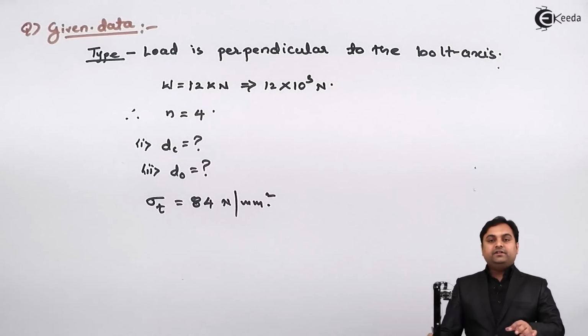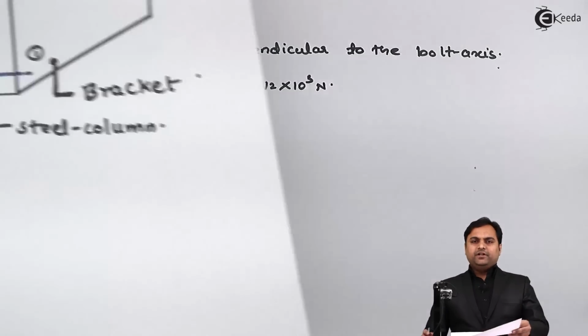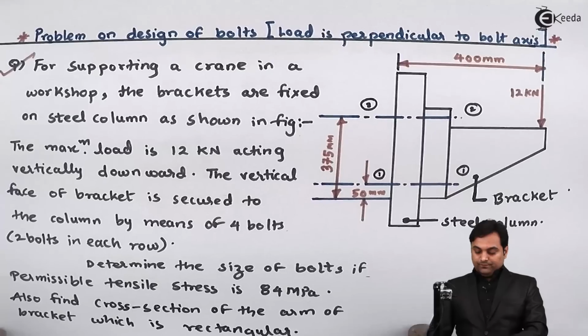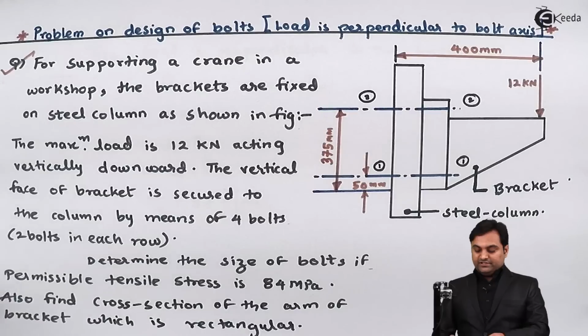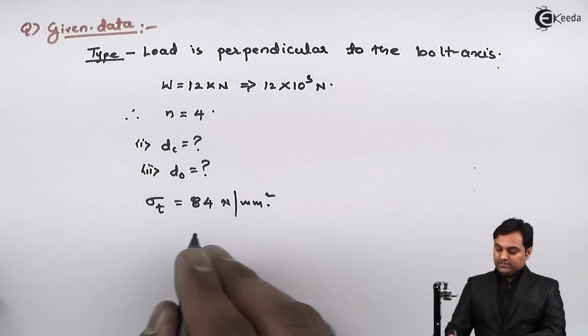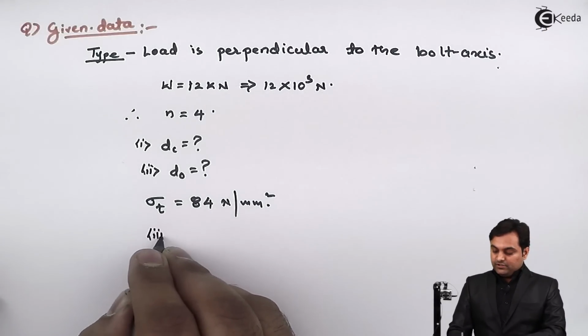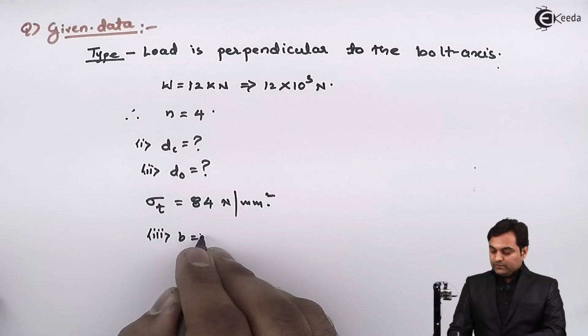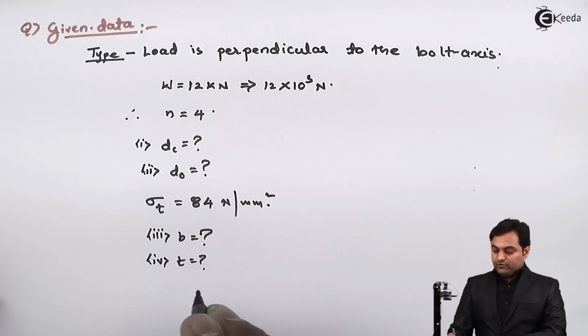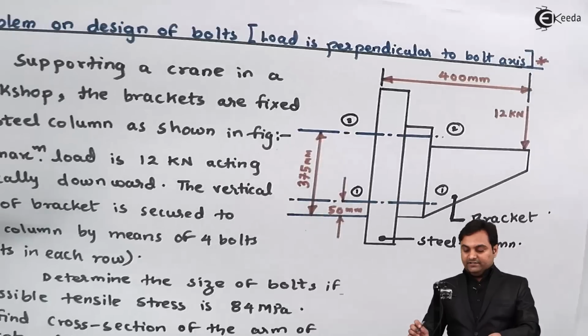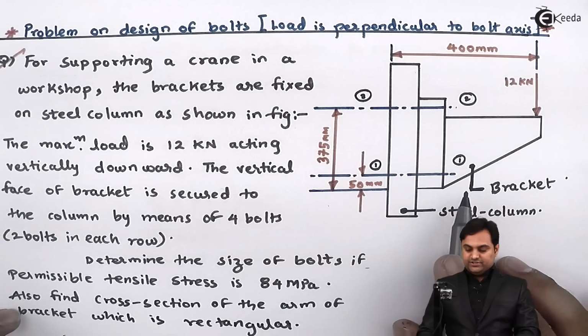Megapascal can be directly written in terms of Newton per mm square. Now also find cross section of the arm of bracket which is rectangular, and the next thing is we have to calculate how much is the width and thickness for the cross section of the bracket which is rectangular in cross section.